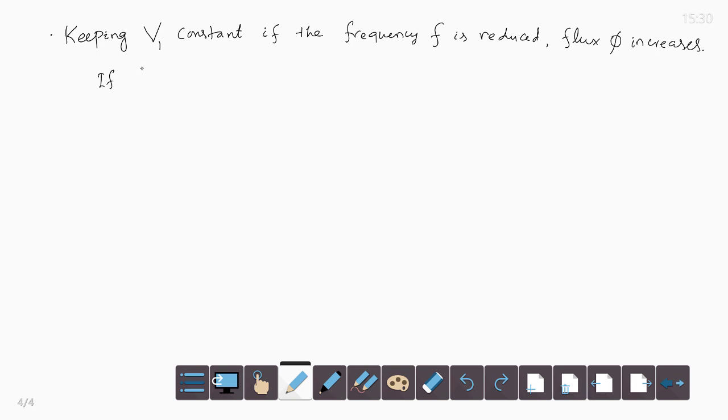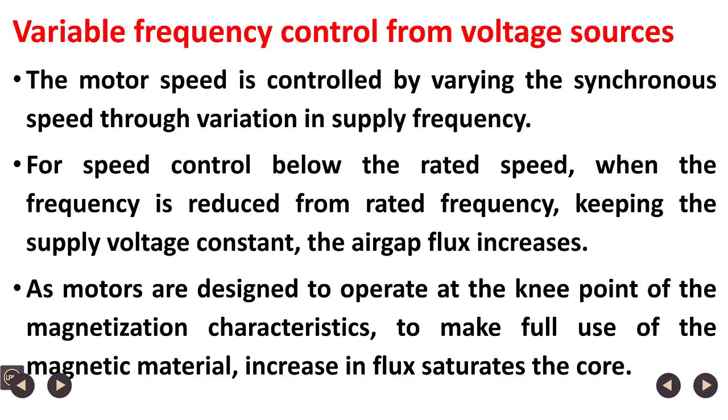If f is increased, then flux phi reduces. So, with this we will discuss the constraints on the V-wave control. So, now with this consideration, mathematical discussion analysis, we will discuss.